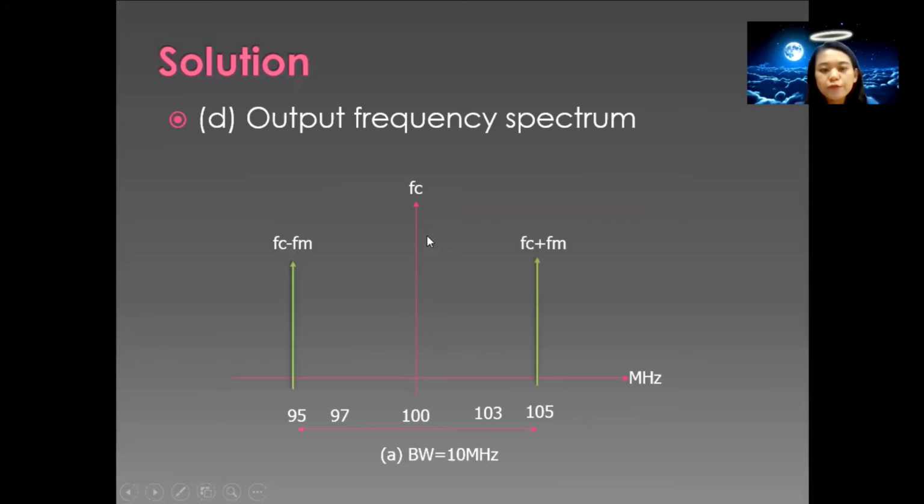Then from question A, we calculate our Fc minus Fm is 95, and our Fc plus Fm is 105. Then for question C, we have our Fc plus Fm is 103, and Fc minus Fm is 97. And we draw the answer for C, the upper sideband and lower sideband frequencies. That's all for example 1.